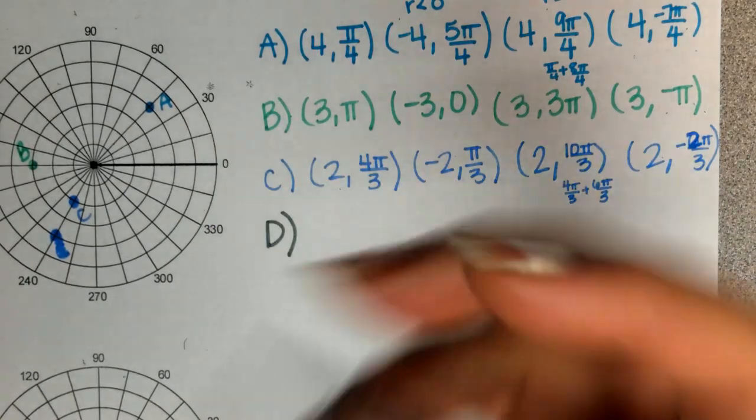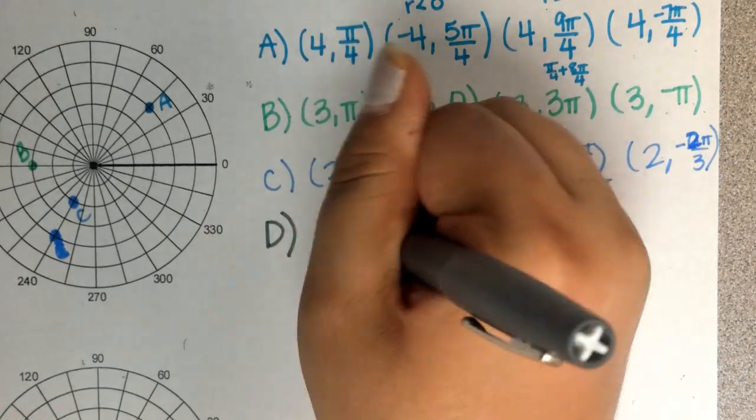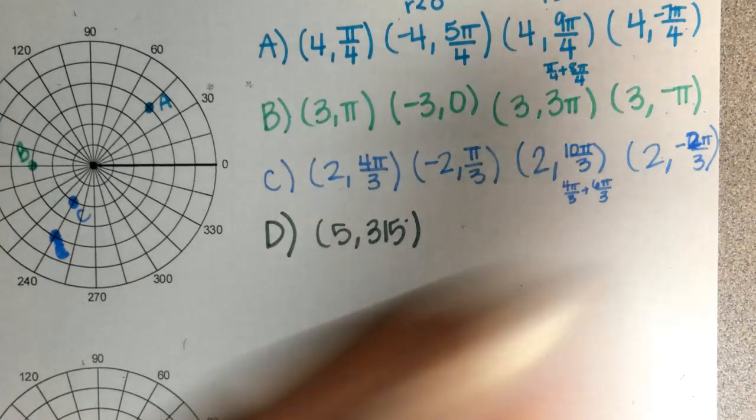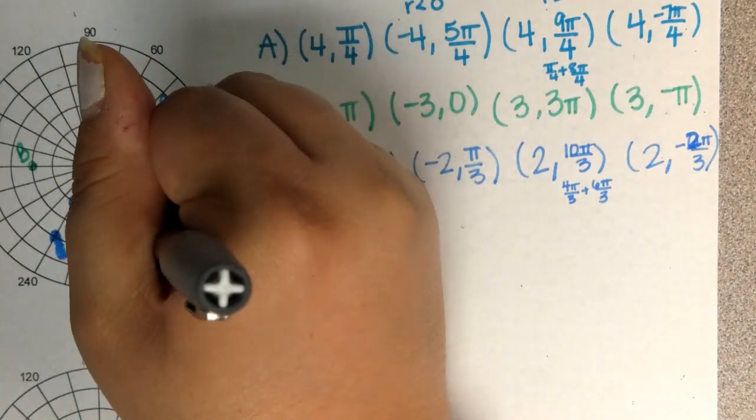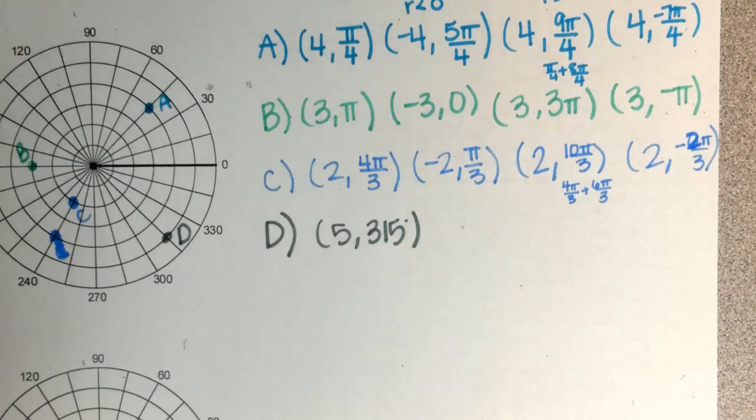Last one we're going to do. What if I gave you 5, 315? Plot it. What about with a negative r?